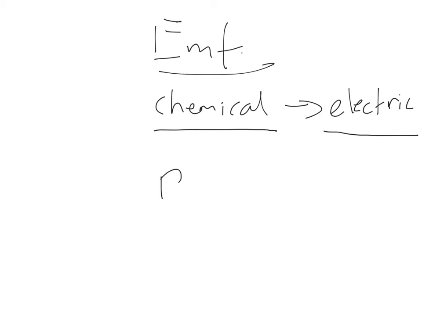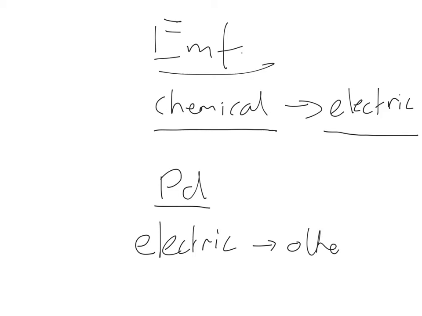So PD is slightly different. PD is an amount of electrical energy that's transferred into other types per charge or per coulomb.